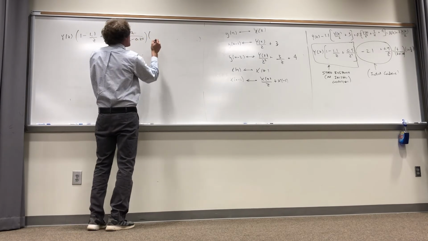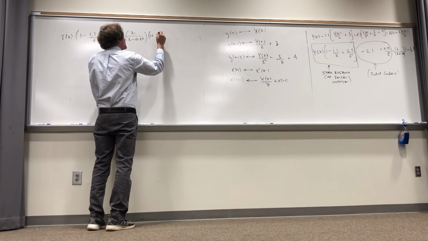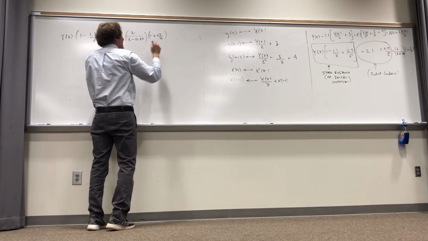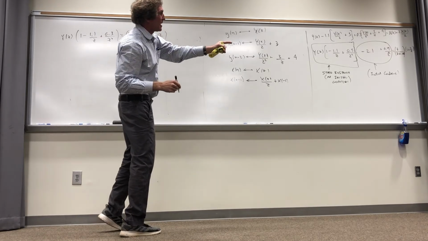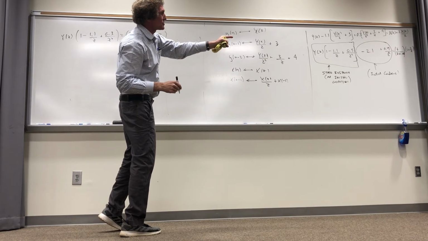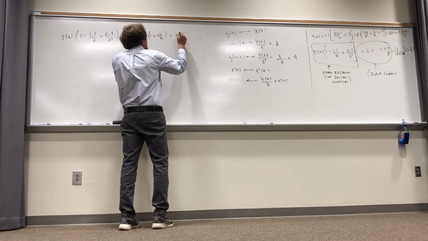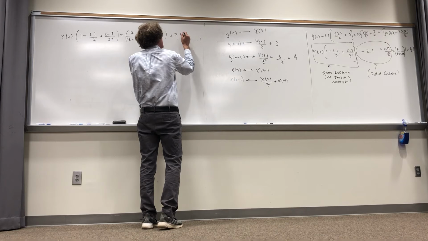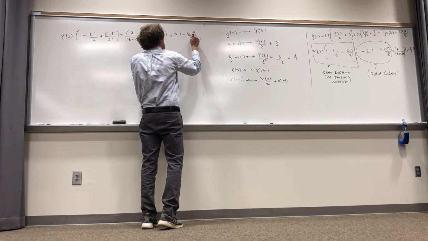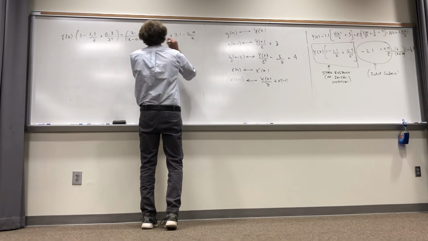Times 1 plus 2 over z here, and then plus 2.1 minus 0.9 over z here, right?